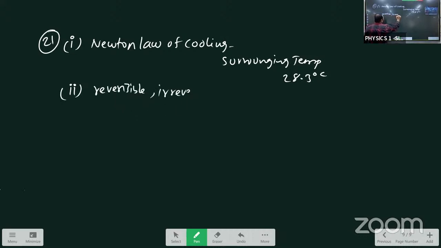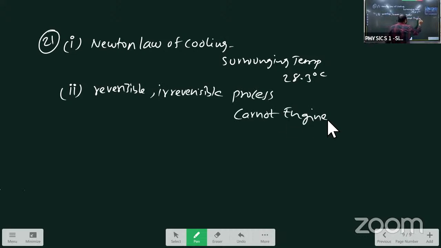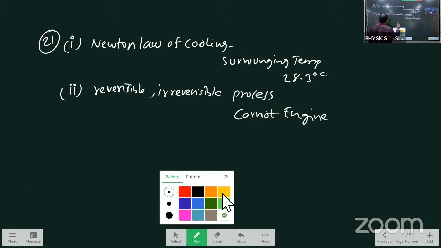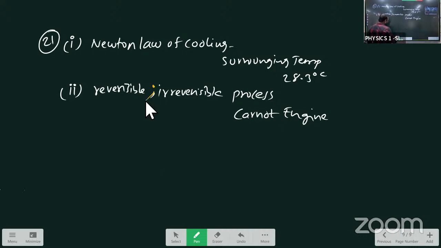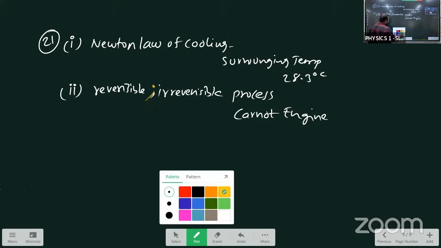Reversible process, irreversible process, Carnot engine. Question number 21: Newton's law of cooling, surrounding temperature problem, and one more, reversible process, irreversible process, Carnot engine.